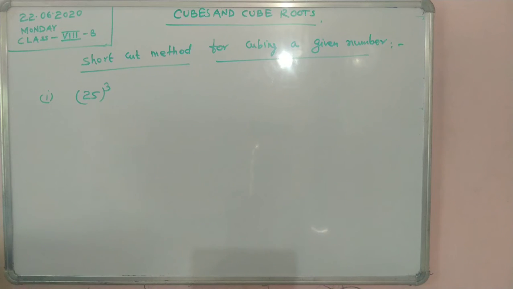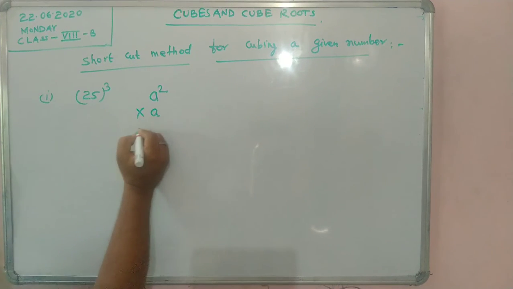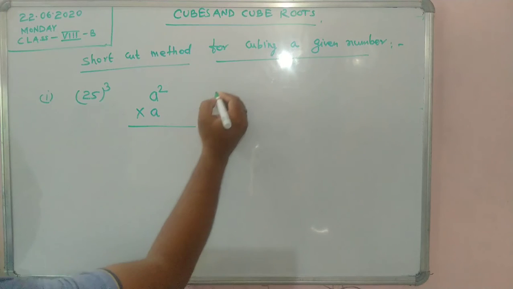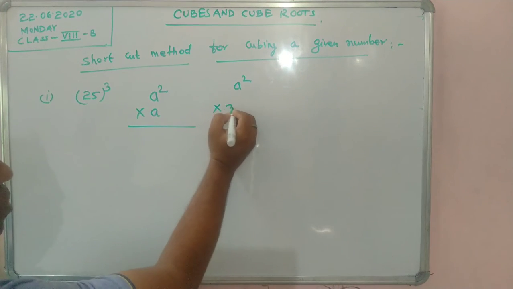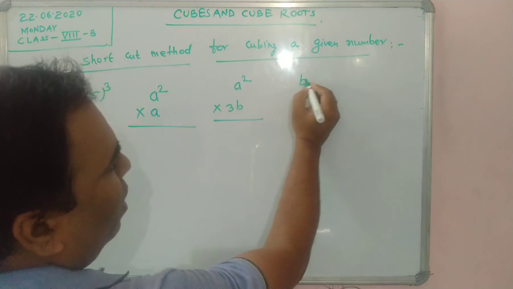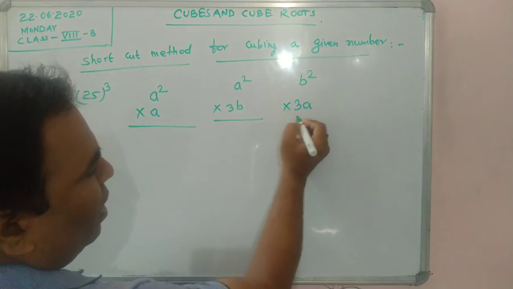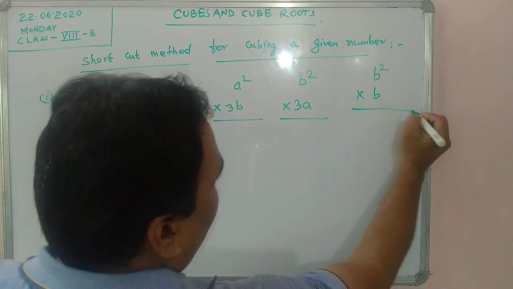The pattern to write down is: a square into a, then a square into 3b, then b square into 3a, and lastly b square into b.